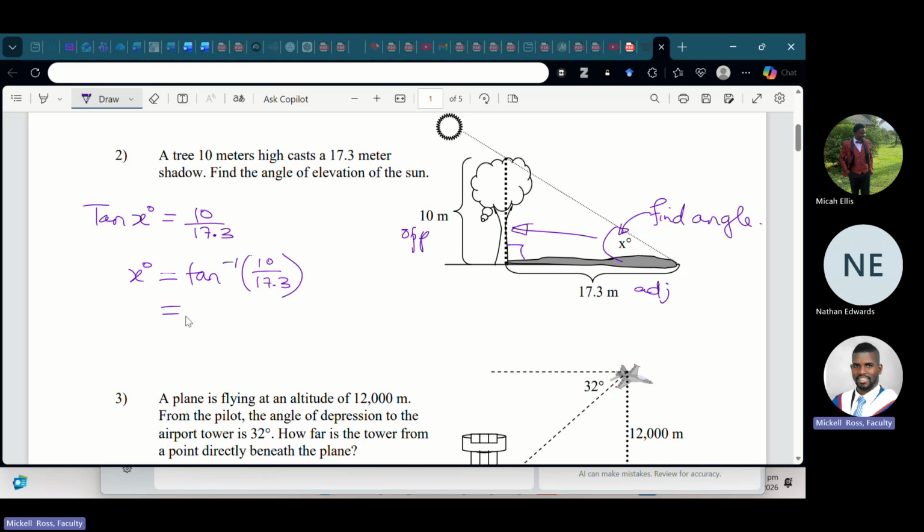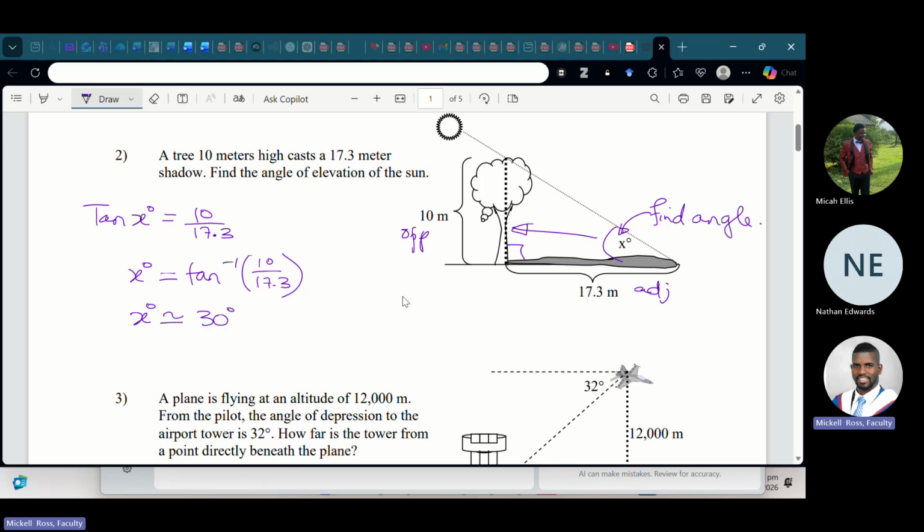You have to use the inverse of the trig function. So it's going to be tan inverse of 10 all divided by 17.3, which is going to give you an angle of approximately 30 degrees. So the angle x is approximately equal to 30 degrees.